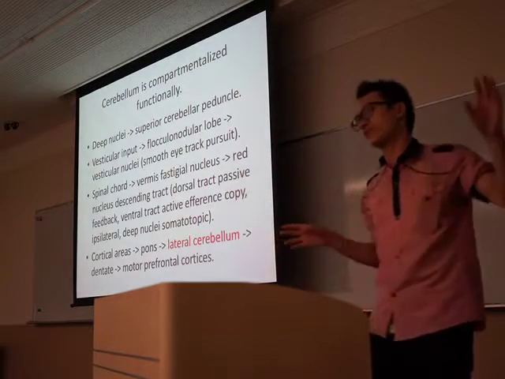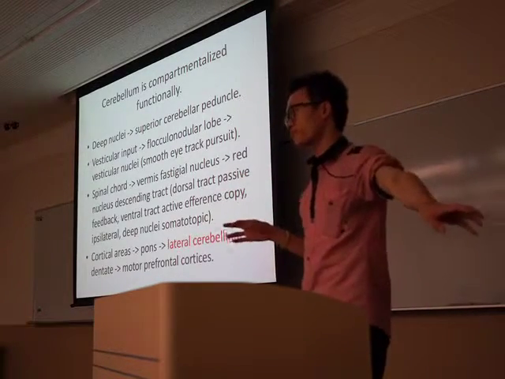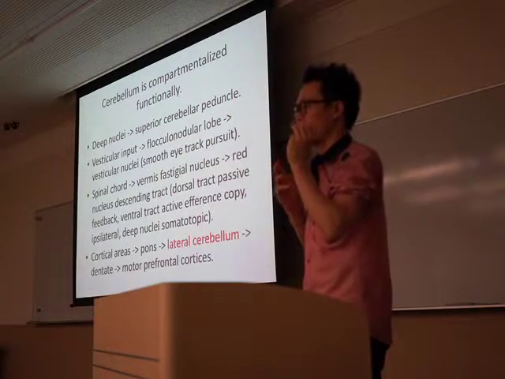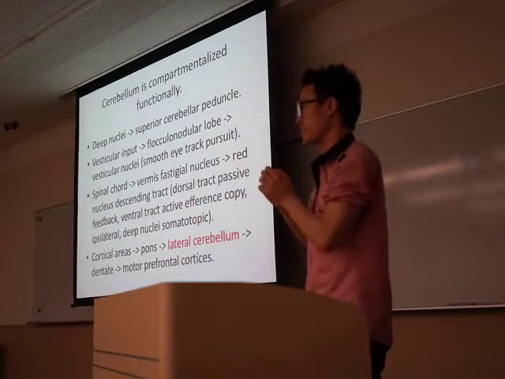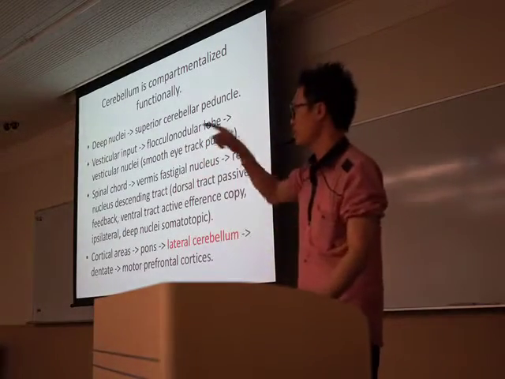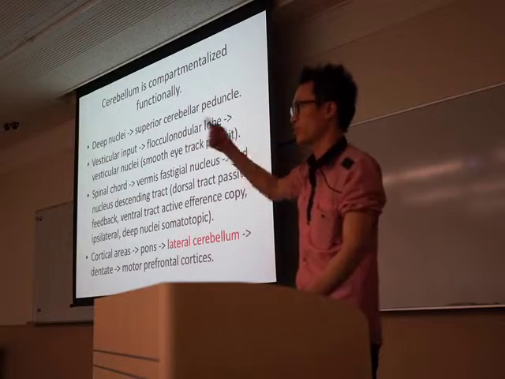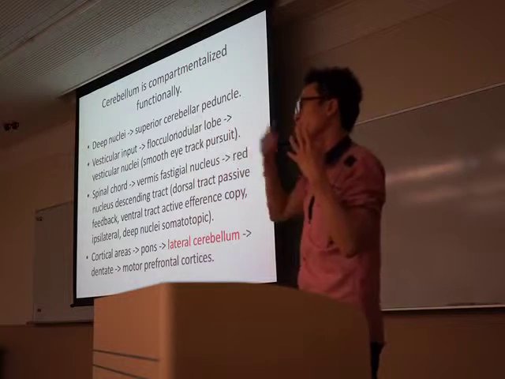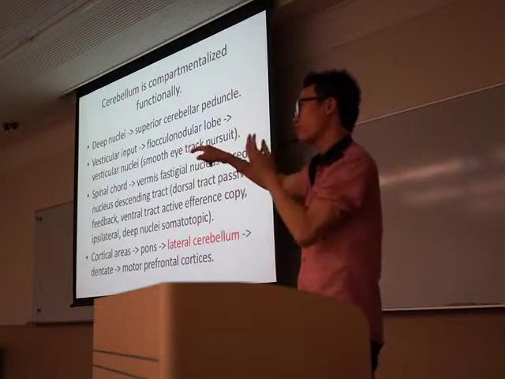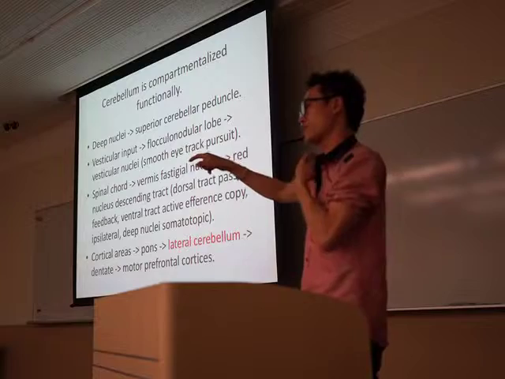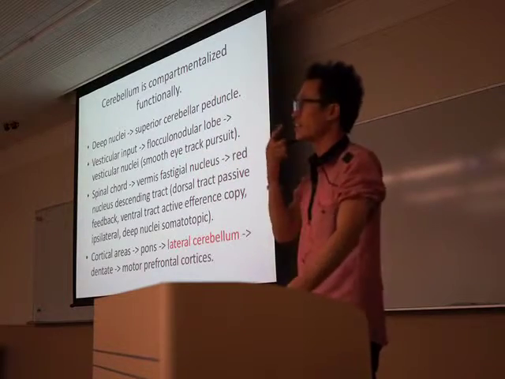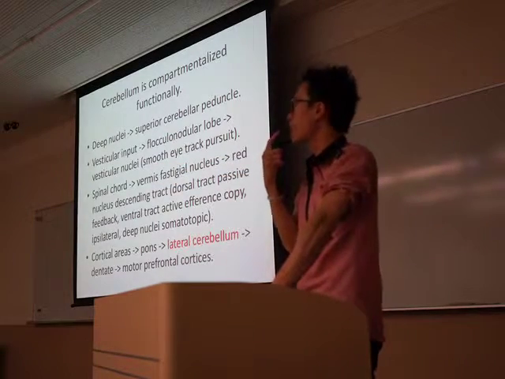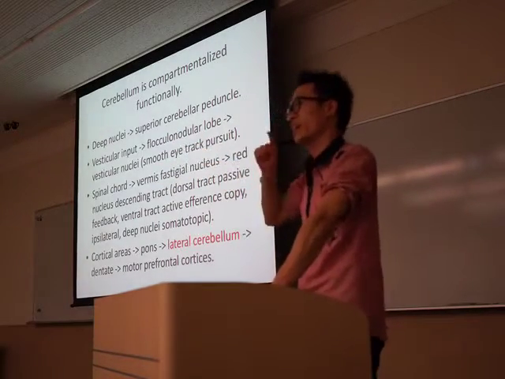So imagine that some other part of the brain is giving the human being a motor program. Like, say, I want to move from here to here, just like that patient earlier. Now, what's happening is that with that volitional movement, information gets to the cerebellum. The cerebellum is not necessarily the thing that's allowing you to say go there. But the cerebellum is allowing you to go there in the correct way.